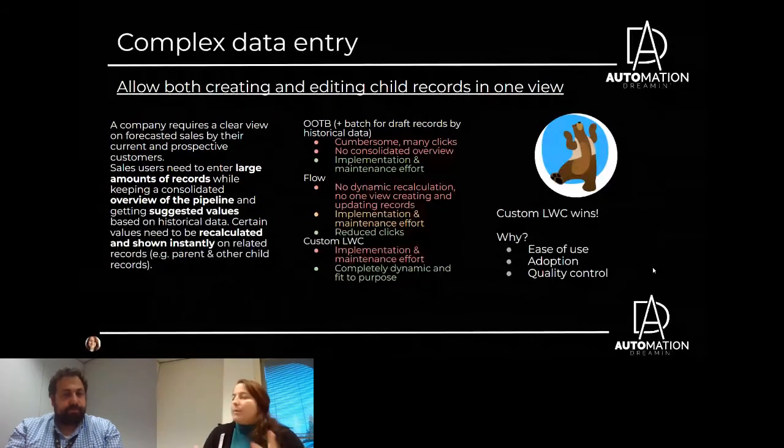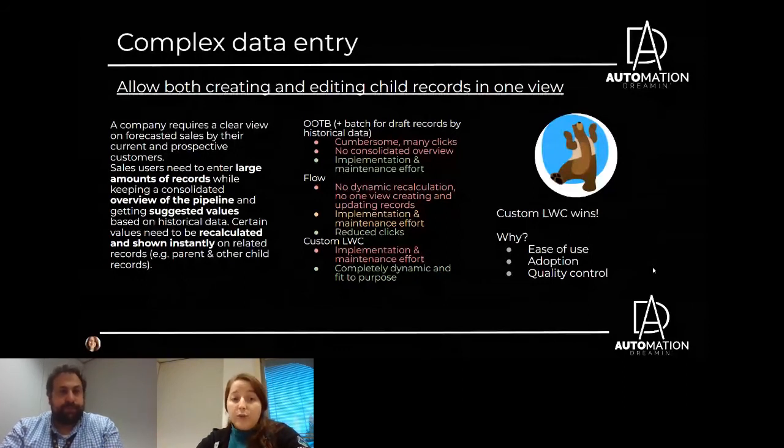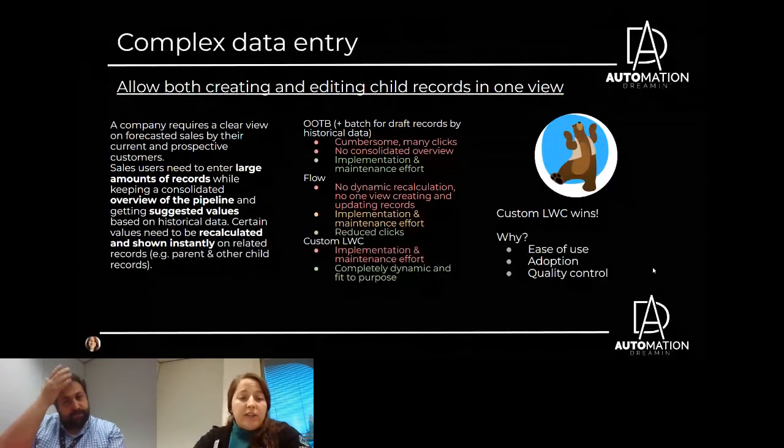To accommodate this, they want their sales users to enter large amounts of records while still having a consolidated overview of the pipeline, getting suggested values based on historical data, and seeing recalculations happen dynamically, shown instantly, based on the values they enter.